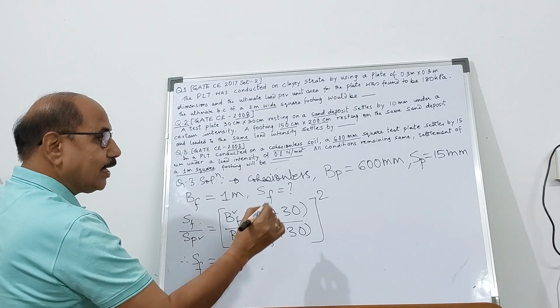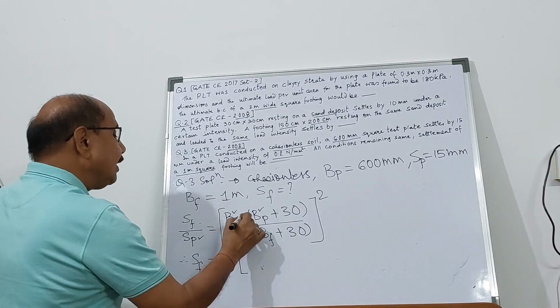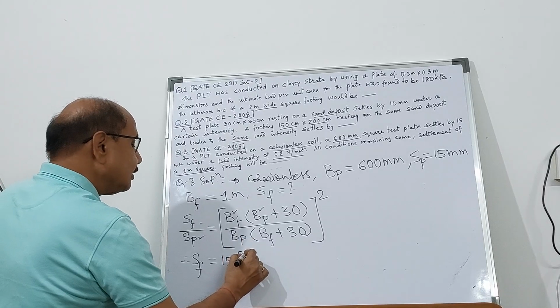So settlement of the plate is 15 multiplied by width of the footing, which is 1 meter.